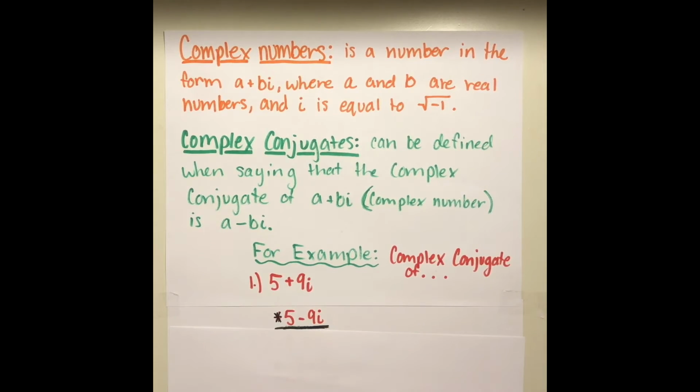Just another example: if you have negative 2 plus 2i, which is our complex number, our complex conjugate would be negative 2 minus 2i. I just want to make sure that we're just changing our signs here.